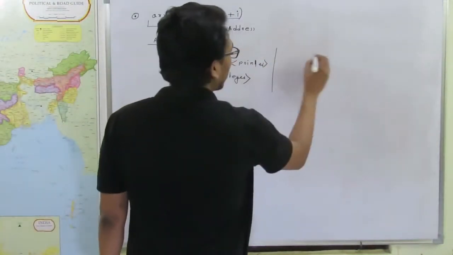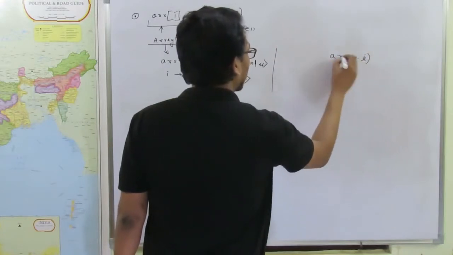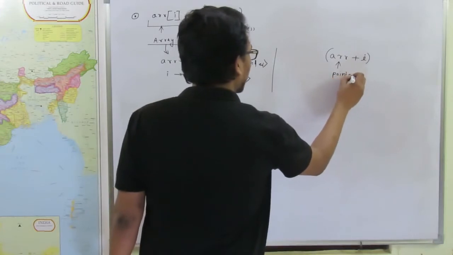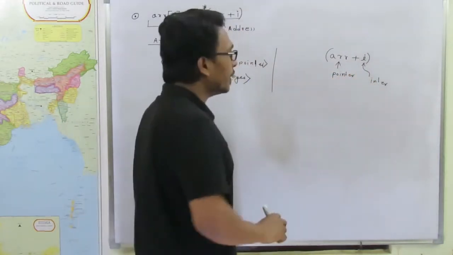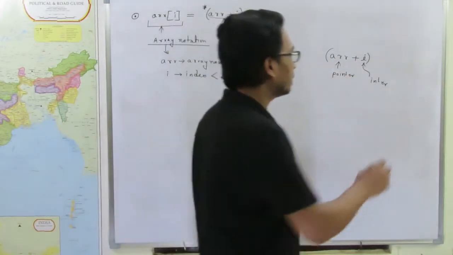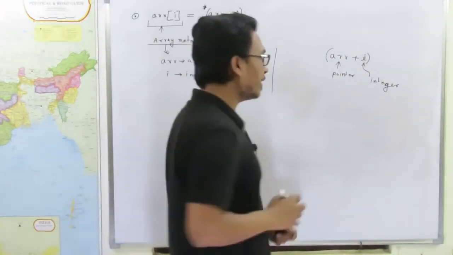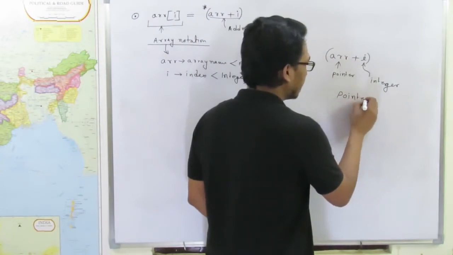Now coming to this pointer notation, we use ARR plus I. That means this is our pointer and this is our integer. So when we perform addition between a pointer and an integer, what will we get? We will get another pointer as the result.